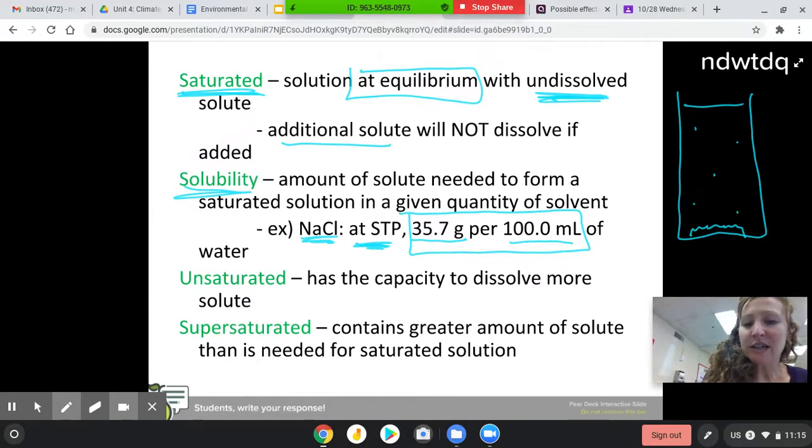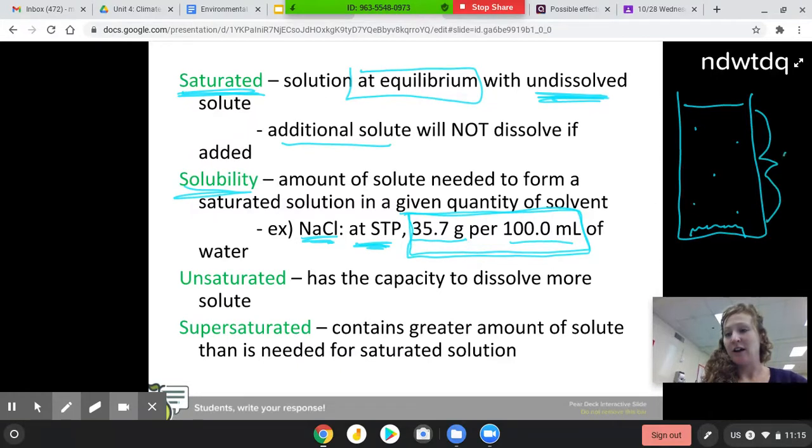So solubility is a measured amount. If we're looking at a specific volume here of our cup, if our volume is 100 milliliters, then the solubility is measured in a specific mass that we can get to dissolve in that volume.